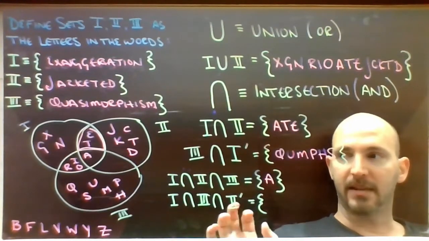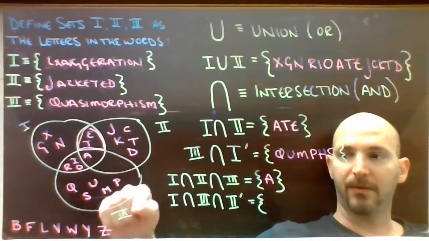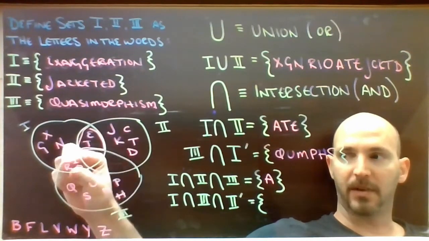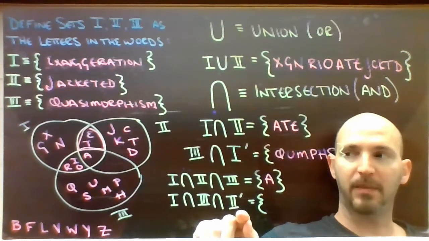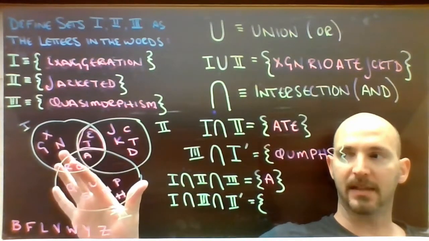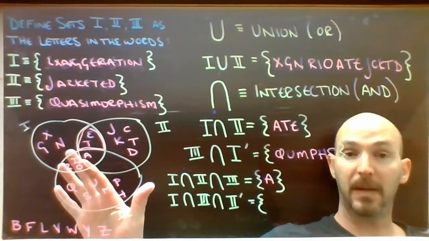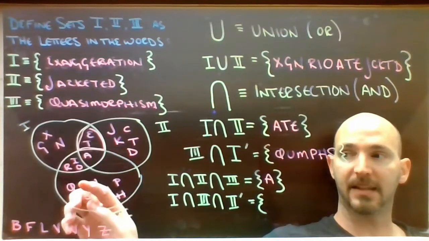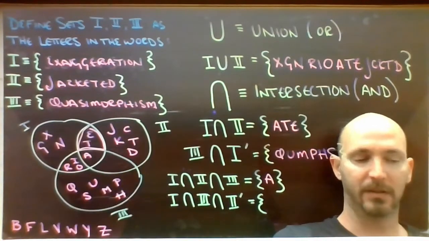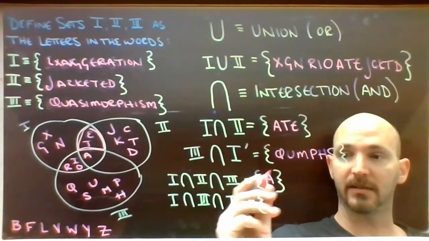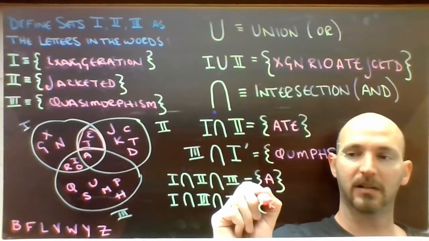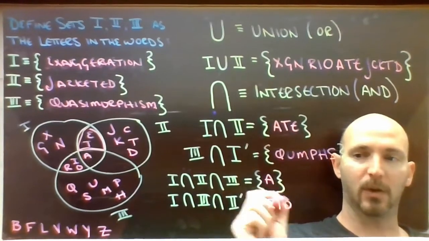So I have to find the sets that are in 1 and 3. Well, that's this little bubble. But they can't be in 2. So that means that R, I, and O meet the criteria of being this one and not 2. The A gets left behind because of its jacketedness. So my letters would be R, I, and O.